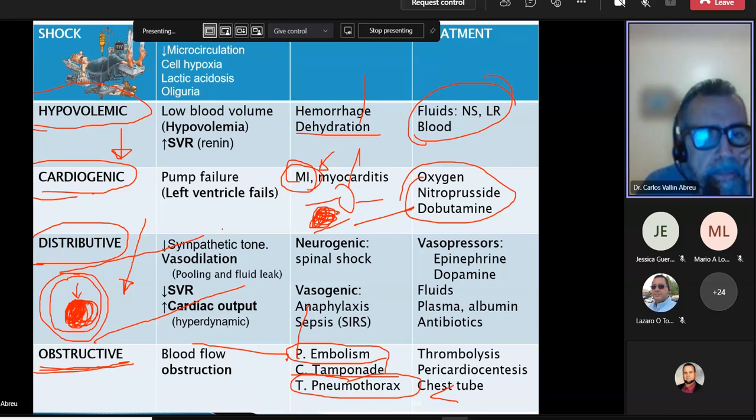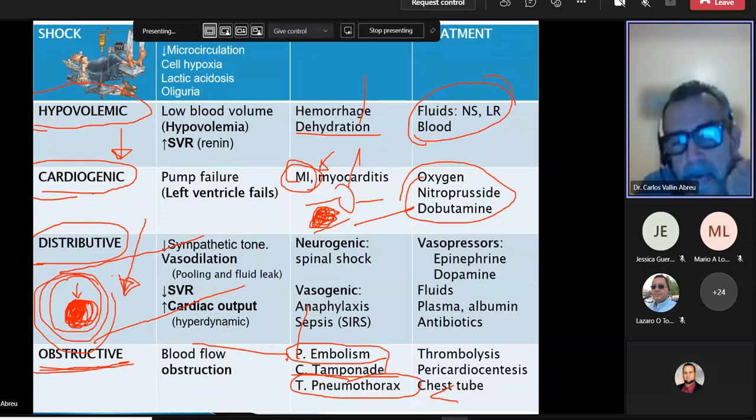A person that has, for example, a sepsis, an infection with gram-negative bacteria, releases something called endotoxin that can produce this vasodilation. So septic shock is another example of vasodilation. And the other is the spinal shock that occurs with spinal cord injury.